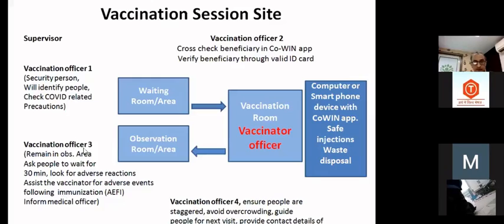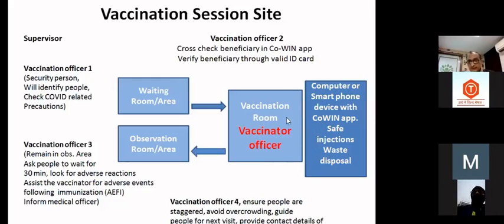At the same time, it will have the facility for drinking water and the toilet. This is healthcare regulatory for the observation areas. This will be supervised by a vaccination officer 4, so that they don't see any crowding or clustering of people, and the credentials are checked. And finally, this will all be overlooked by a medical officer.